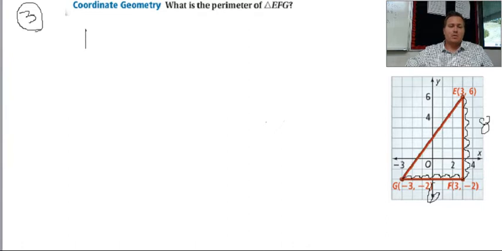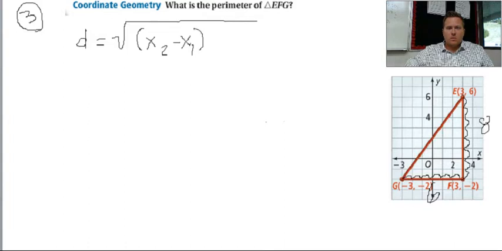So I have to remember what my distance formula is, and I have distance equals the square root of, and we're going to have x2 minus x1, and we are going to square that, and we are going to add it with y2 minus y1, and we are going to square that too, and this square root should be over the whole thing right there.